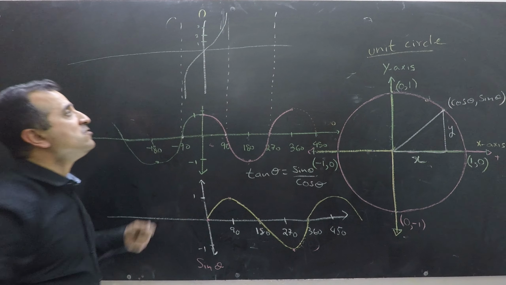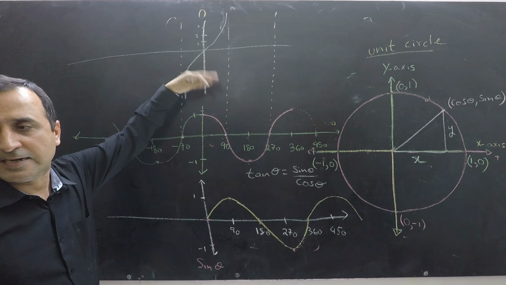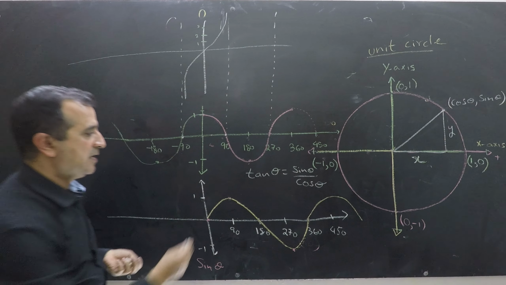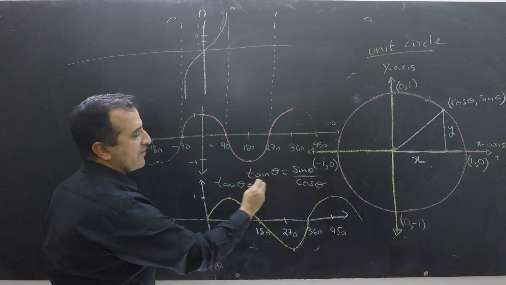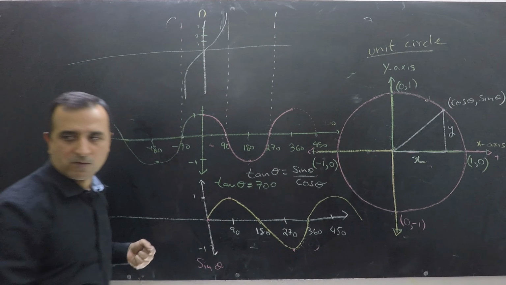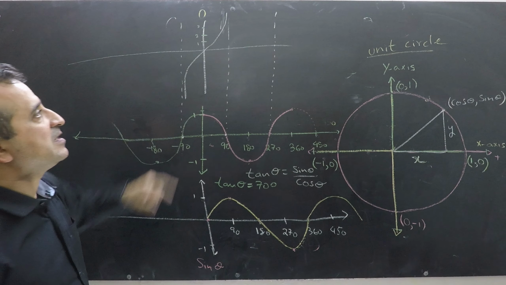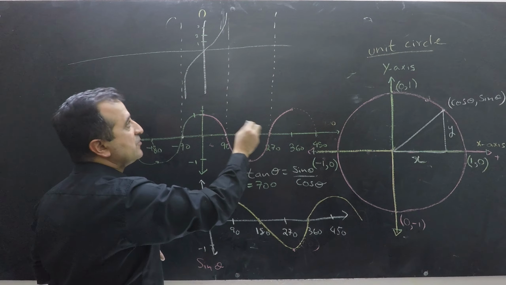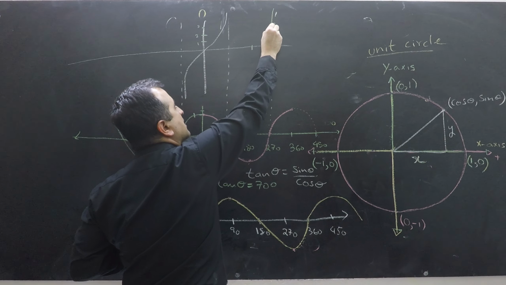So it continues, tan theta is defined on all the real values. It can take all the real values. Tan theta could be like 700 for some value, right? And similarly, the same graph will repeat itself on this range. So on this range, once again, the tan graph will be something like this.